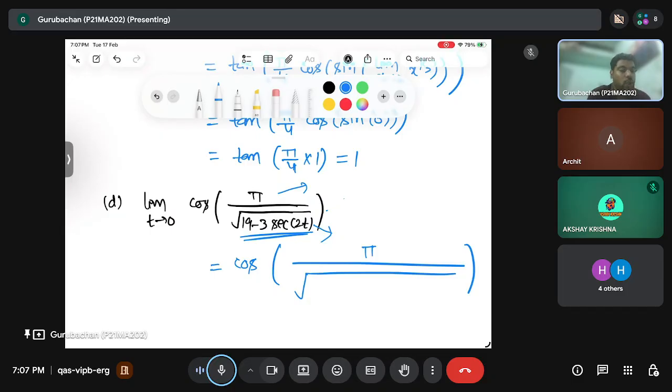So if we are talking about the limit t tends to 0, it is quite obvious that we are only talking about the positive side.